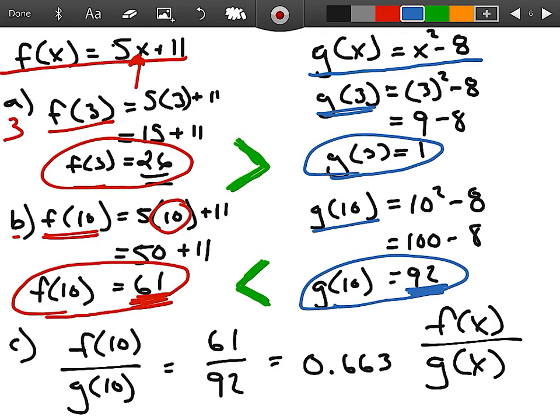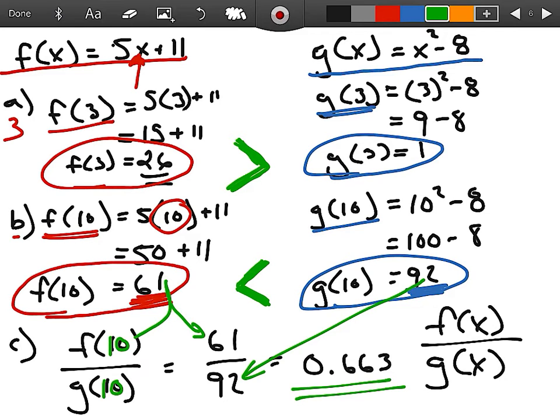So when you divide two functions by one another, if you're given the 10 here, so f of 10 divided by g of 10, that means to put in the number that you got for f of 10 and g of 10. So just divide 61 by 92. And that's a calculator problem, it gives you 0.663.